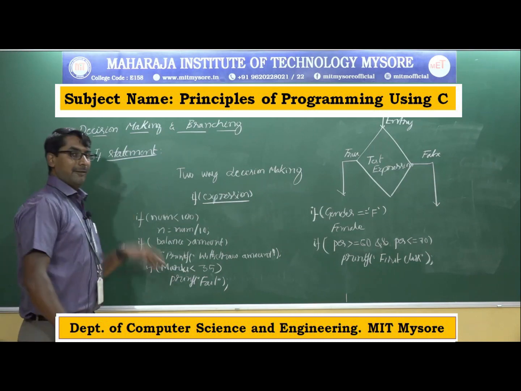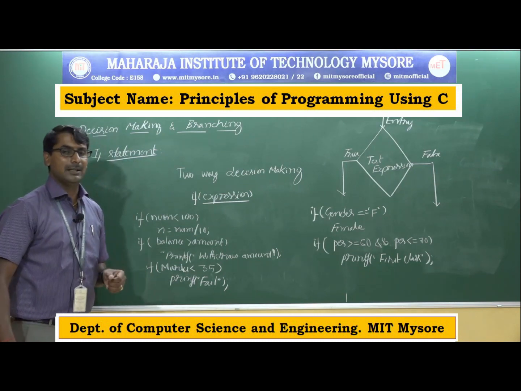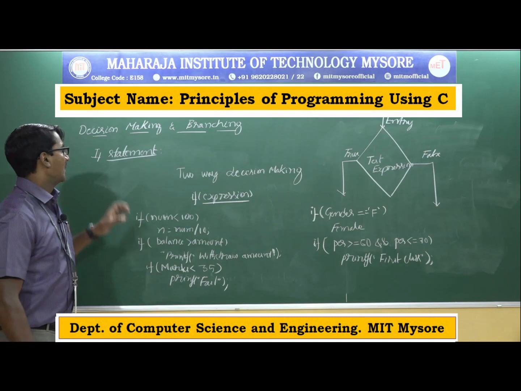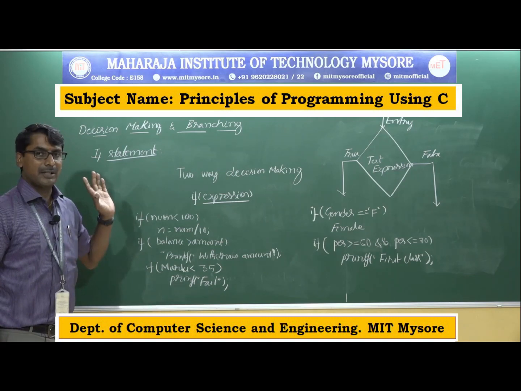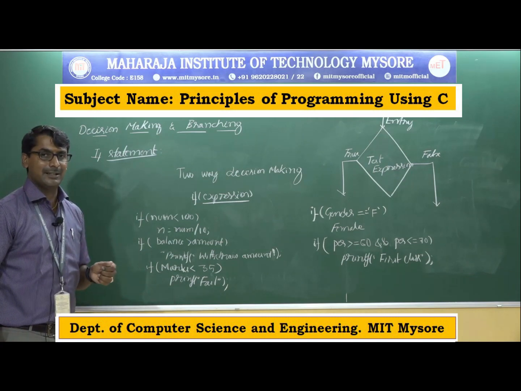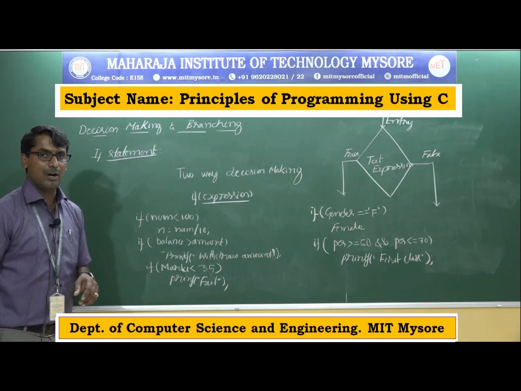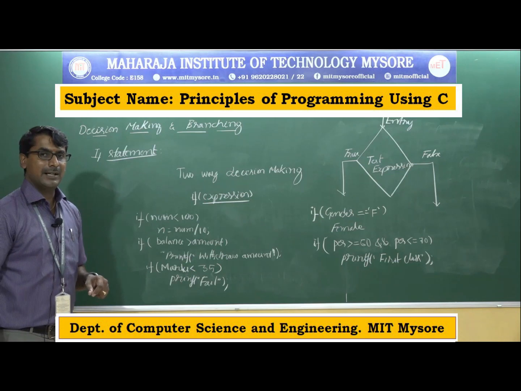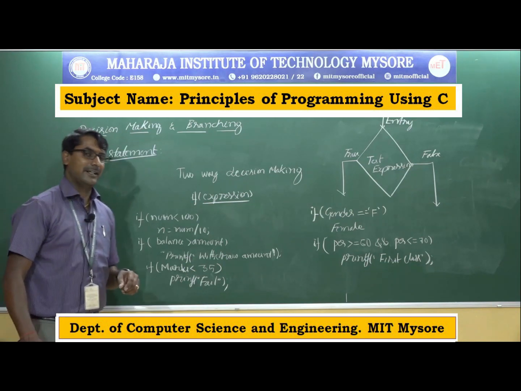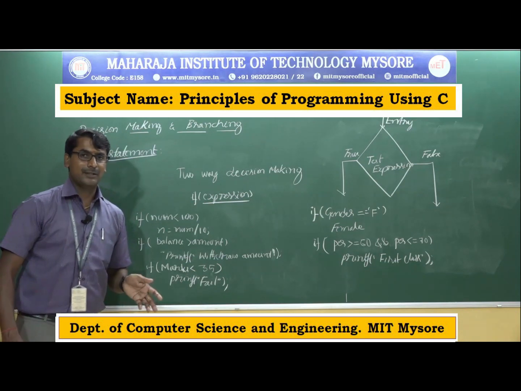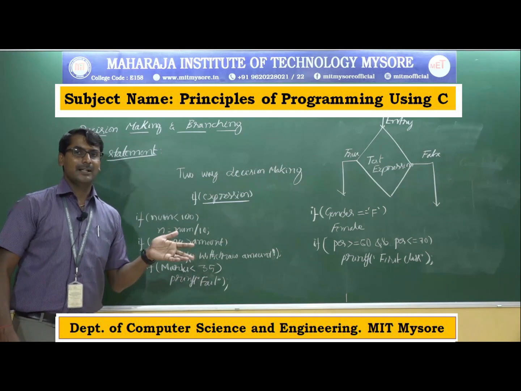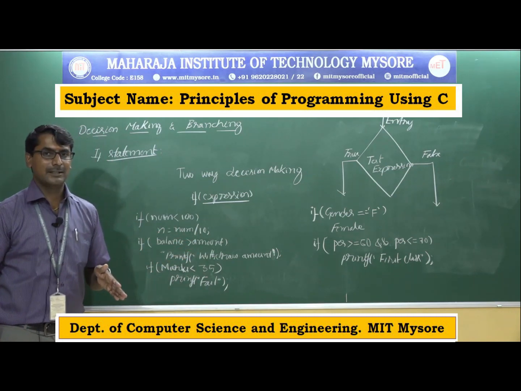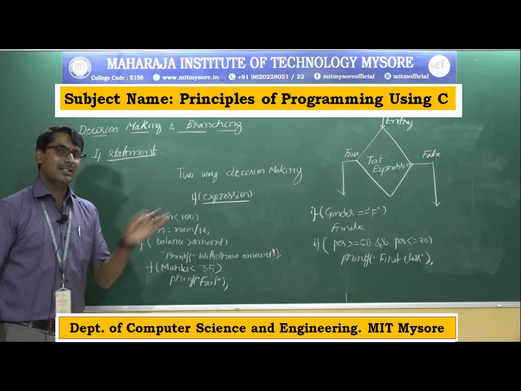So if is a basic conditional statement in C language, a powerful statement to control the flow of execution. It is two-way decision making, so it has two alternatives: the true alternative, when the condition is true, and the false alternative, the else alternative, which executes if the condition is false.